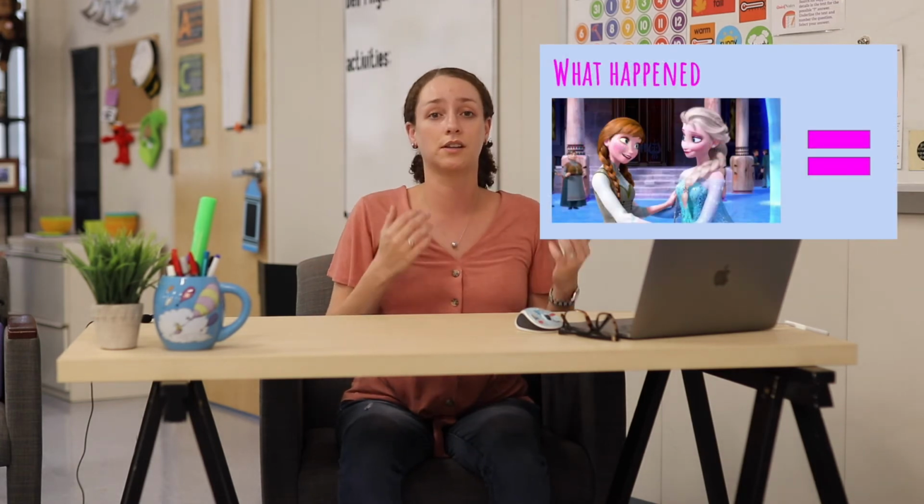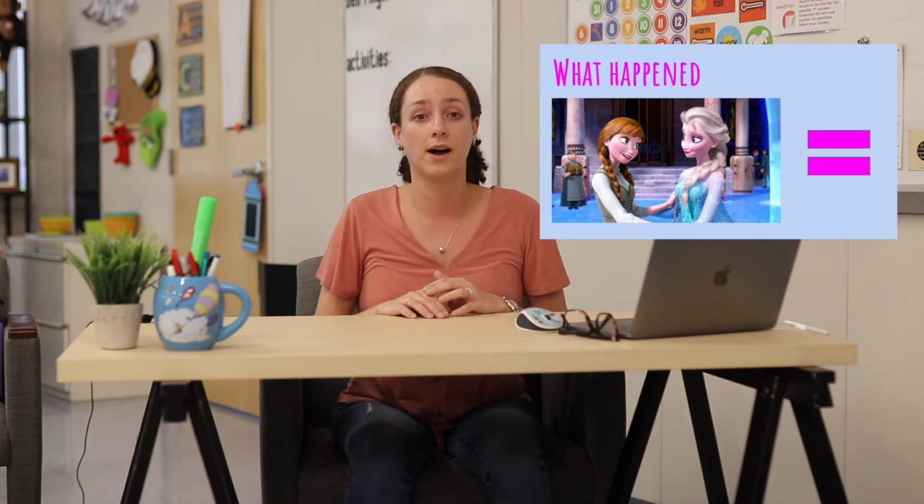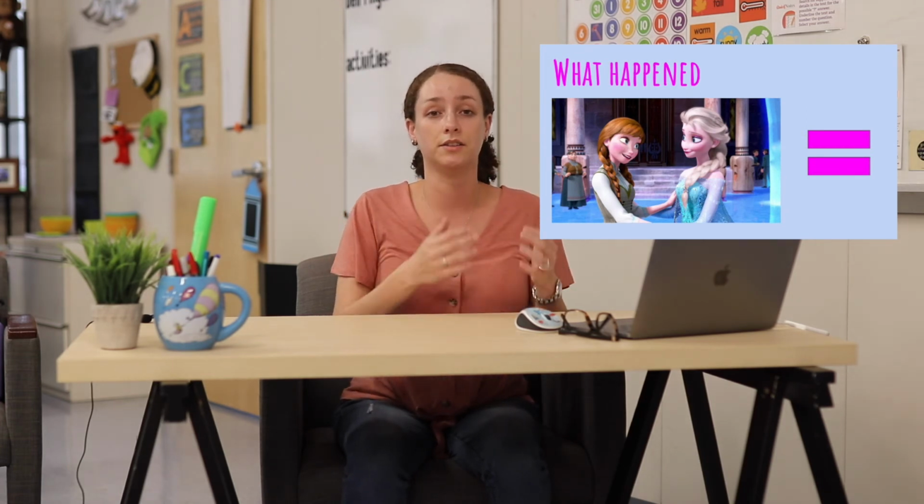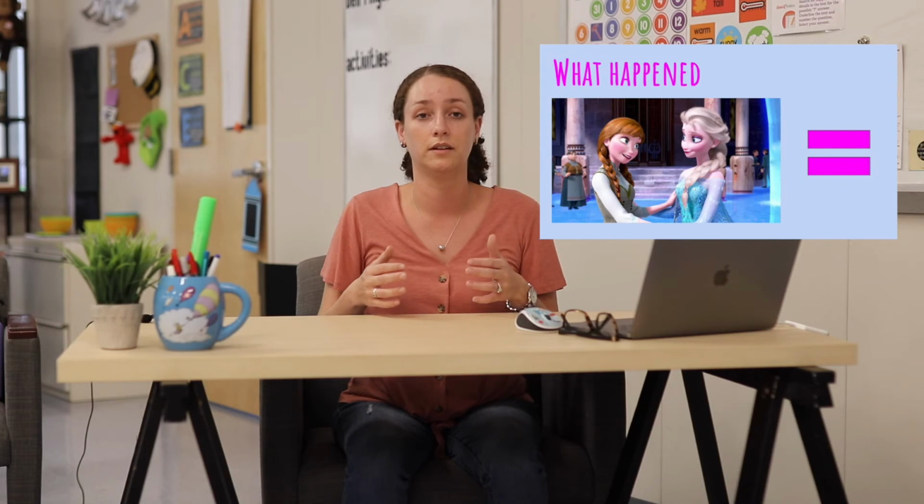Now, I just stated the 2 most important parts of a central idea. The subject of the story, that is who or what the story is about. And in this example, it's Anna and Elsa. And what happened to them? Elsa's powers are discovered. Anna goes off on a quest to find her sister and save their kingdom of Arendelle. All of that put together is a central idea.